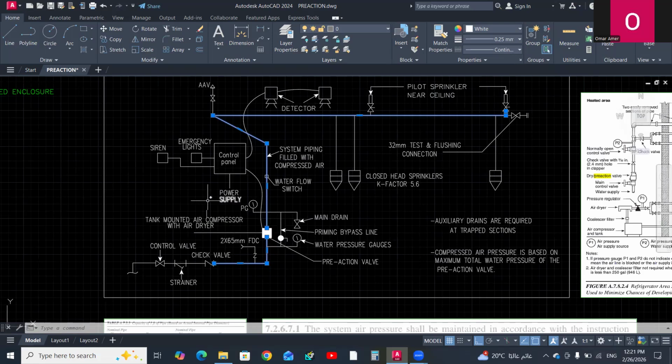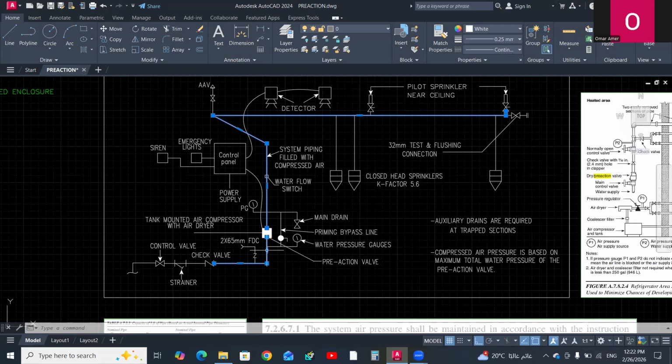In single interlock pre-action system, activation is by a signal from the detectors to the pre-action valve and opening of sprinklers. Air inside pipes is not pressurized.